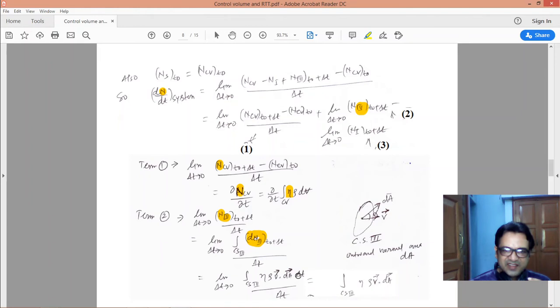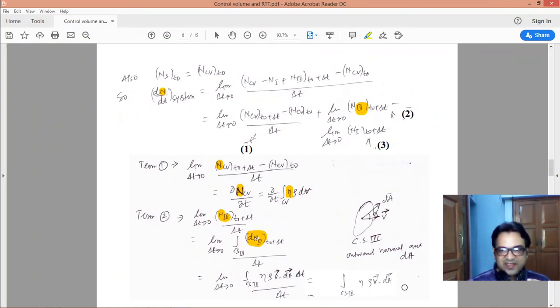So delta t and delta t will be cancelling. So we will get the term 2 as an integration, but this integration is for the control surface 3. It is basically the surface integral eta rho V dot dA. So this dot product you have to consider. So if it's a uniform velocity and velocity is also normal to the area, this dot product becomes simply the product of velocity and the area.